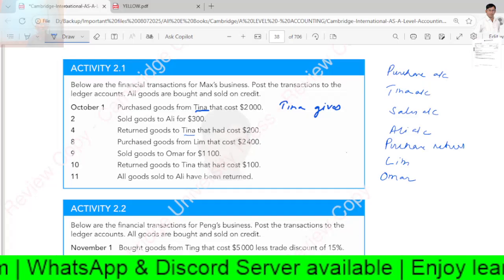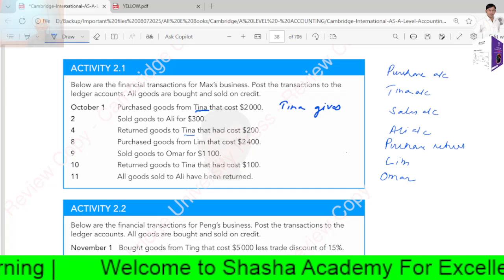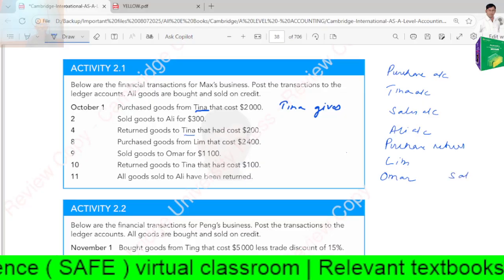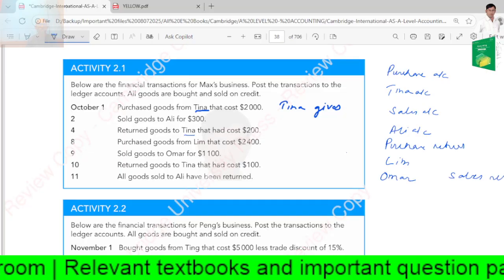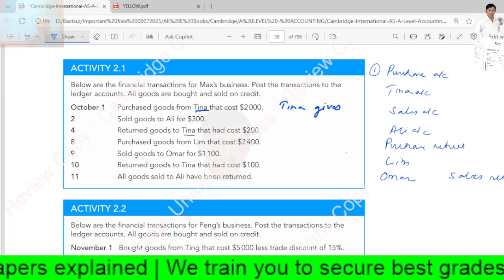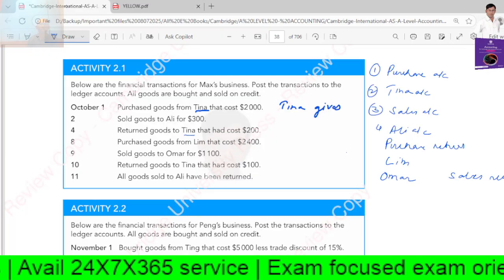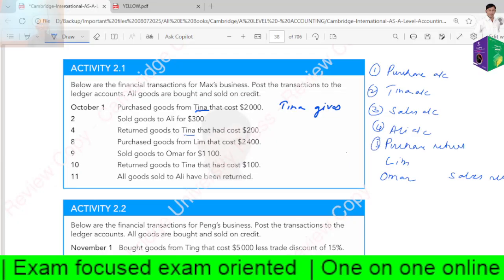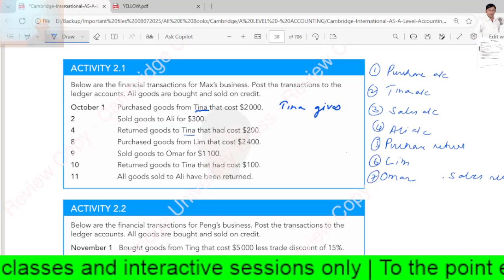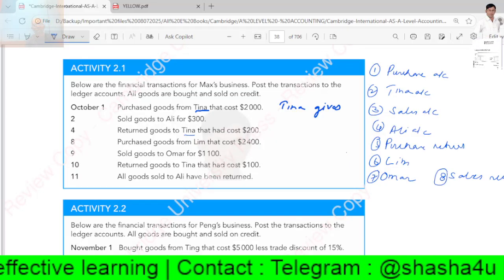All goods sold to Ali have been returned, which means we have received them back. So it is sales returns. So basically we need to prepare 1, 2, 3, 4, 5, 6, 7, 8 ledger accounts.